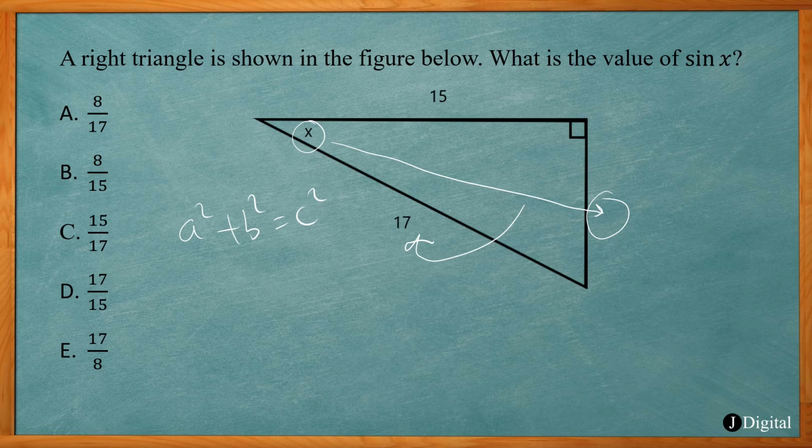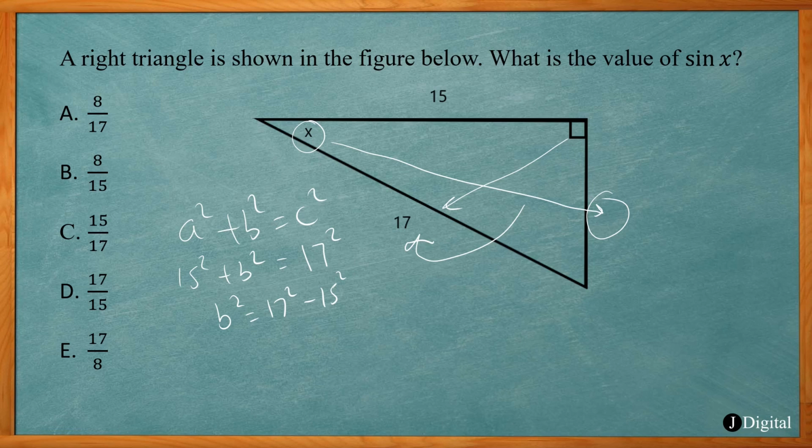So in this case, 17 is the hypotenuse, opposite the 90-degree angle. We got one side 15, so 15 squared plus b squared. B squared will equal 17 squared minus 15 squared. I subtracted 15 squared from both sides.